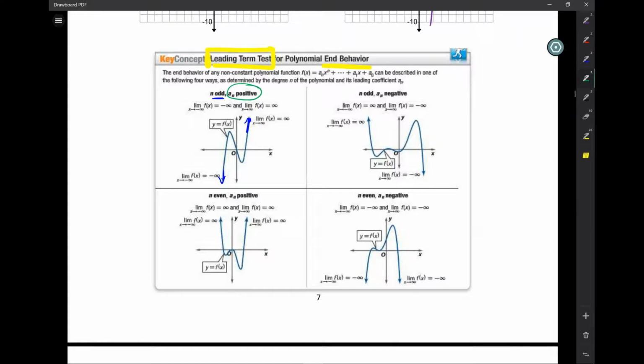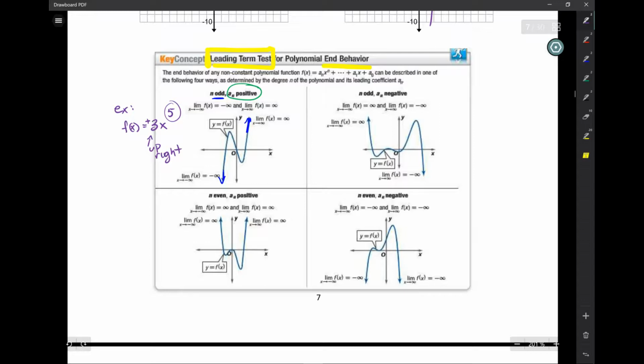So, for example, if I have f of x is equal to 3x to the 5, this tells me one end is up, one end is down. The fact that this is positive tells me it's up on the right and down on the left.